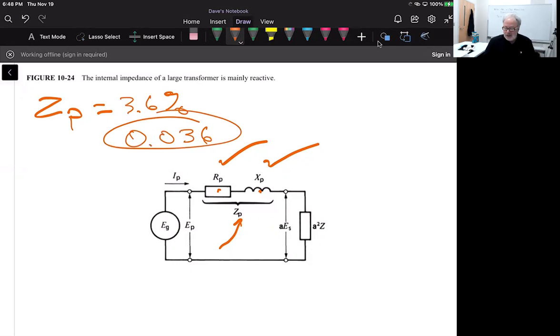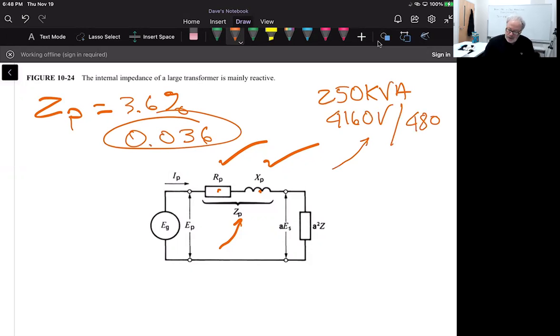So we zip right up to this example, and it says a transformer is rated at 250 kVA, 4160 volts over 480. I think we use that combination again. That is a common transformer ratio, primary to secondary.